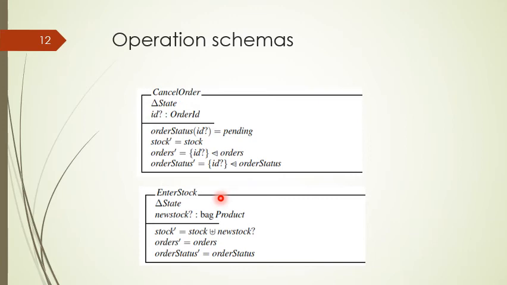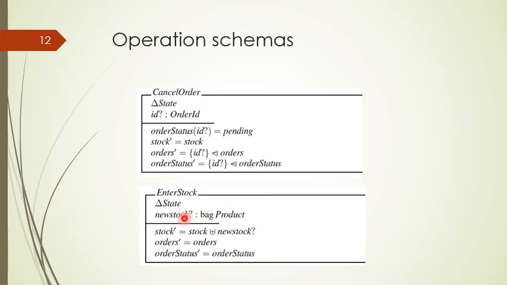Now we have another operation enter stock. This operation is used to enter the stock in a system, and this operation also changes the state of the system. Therefore delta decoration would appear in the schema, and we have an input variable new stock of type bag of products.